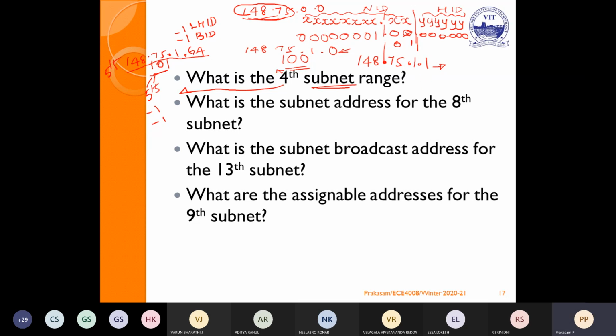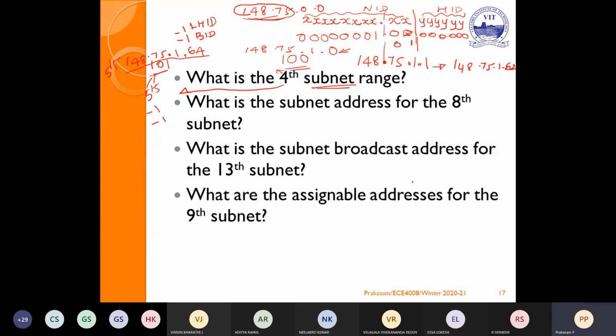So it is 148.75.1.62. So the subnet range is 148.75.1.1 to 148.75.1.62. So this is the subnet range.